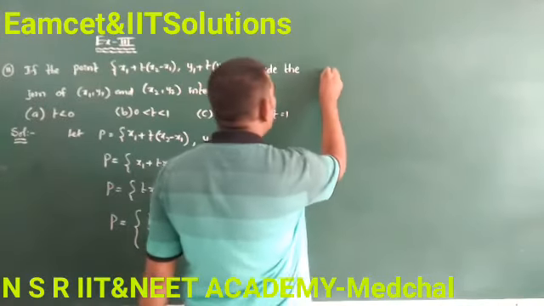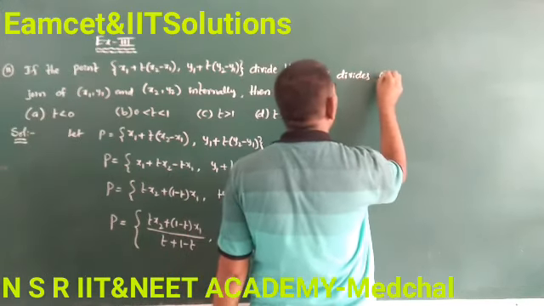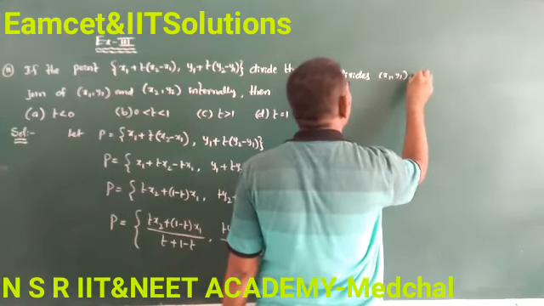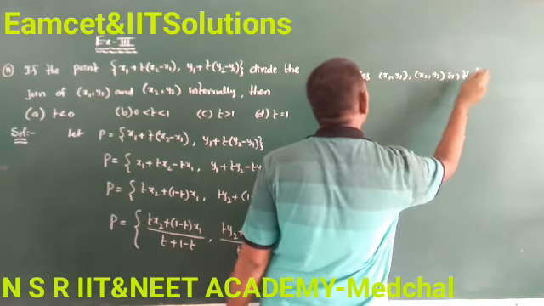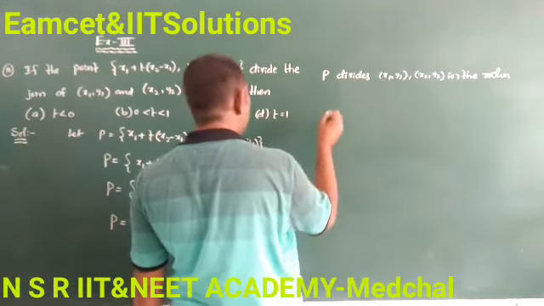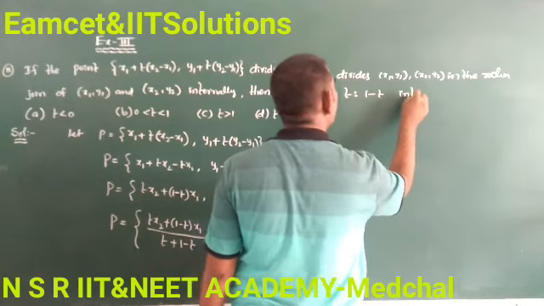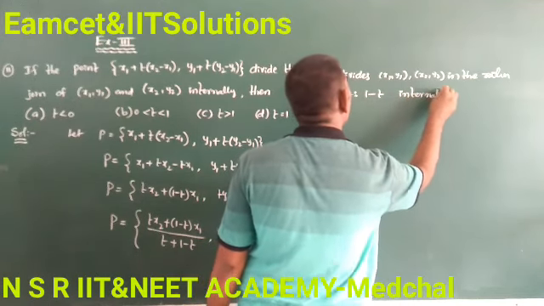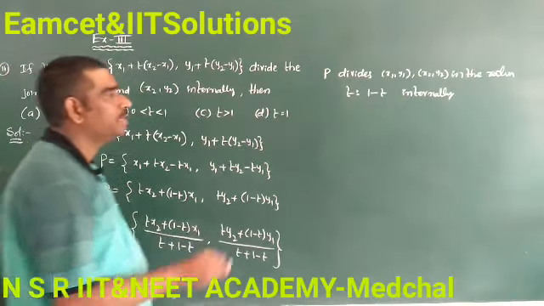So p divides (x1, y1) and (x2, y2) in the ratio. So what ratio does it divide in? t is to 1 minus t internally, because a plus is there, that is why it divides internally.